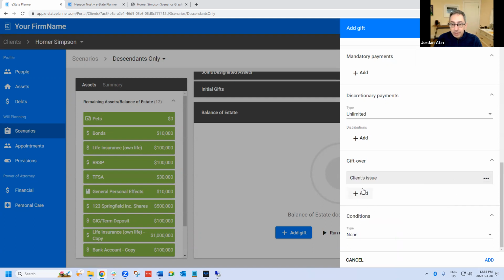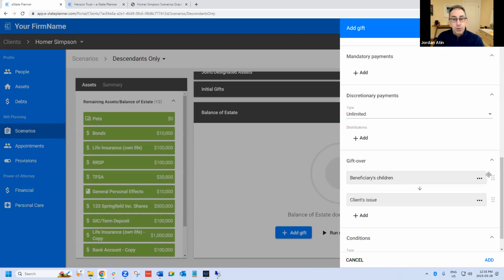We obviously don't allow you to pick both beneficiary's children and beneficiary's issue, because by definition, beneficiary's issue includes beneficiary's children, and then if they're not alive, their kids. If you want to stop at the first level, so I only want Bart's living children to receive if he's not alive, then you would pick Bart's children.